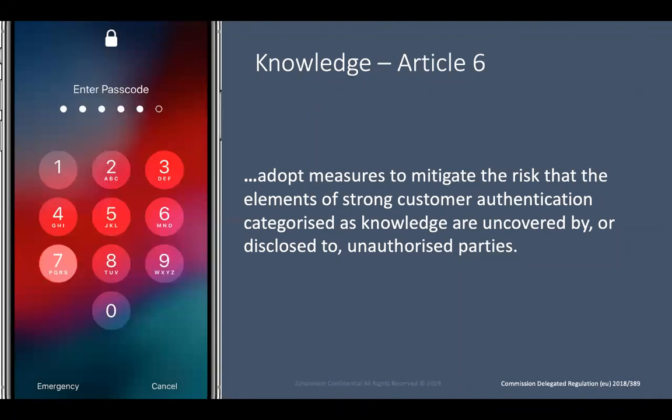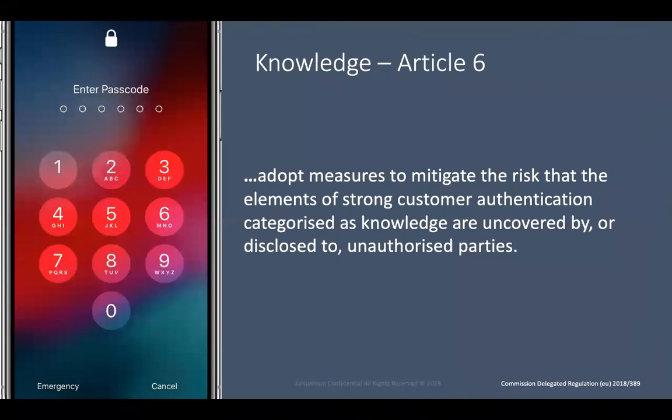But I'm going to skip down to what pertains to knowledge. In strong customer authentication, you have to have knowledge, and your customer has to have the same level of knowledge. What the requirements of the elements say is that payment service providers shall adopt measures to mitigate the risk that the elements of strong customer authentication categorized as knowledge are uncovered by or disclosed to unauthorized parties. This is something that I know, like my PIN number, or a code that you send me, a second authentication code.